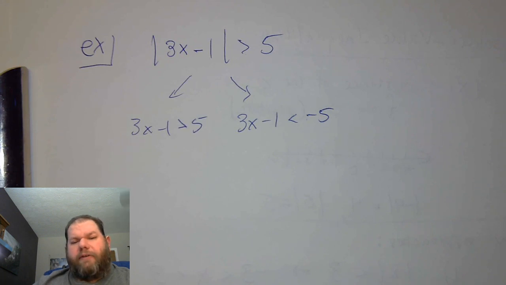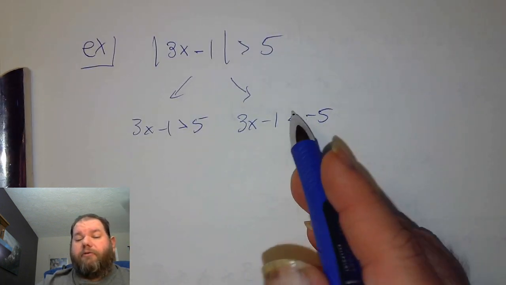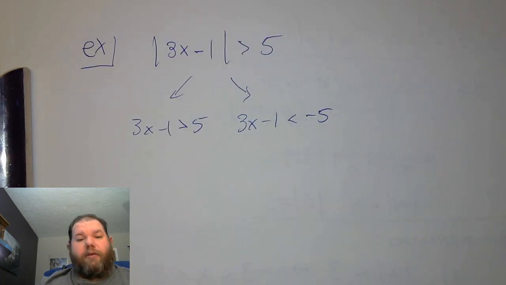It takes a little practice to get used to that, and to recognizing which way we need to interpret this as far as creating a compound inequality or a pair of simple inequalities, like we have here. So if we have greater than, we end up with a pair of simple inequalities. If we had less than, we can make it a compound inequality.